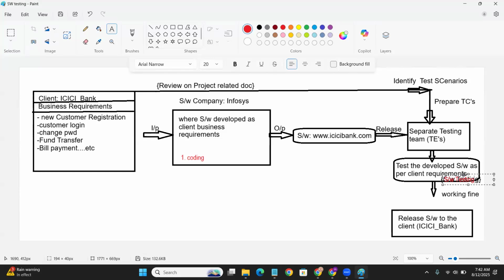What is our goal while testing? To identify the defects. Whenever we identify defects, we need to inform the development team.